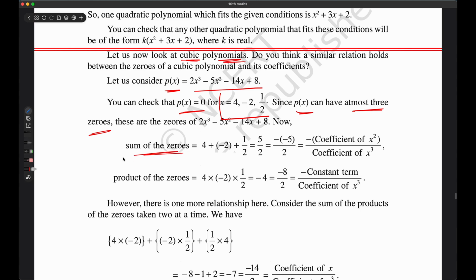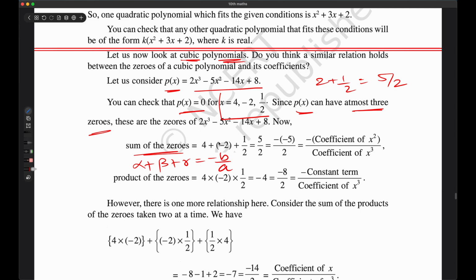If we find the sum of zeros of the polynomial, alpha plus beta plus gamma equals minus b divided by a. The sum is 4 plus minus 2 plus 1 by 2, that is 4 minus 2 is 2, plus 1 by 2, that is 2 into 2 is 4 plus 1, 5 by 2.